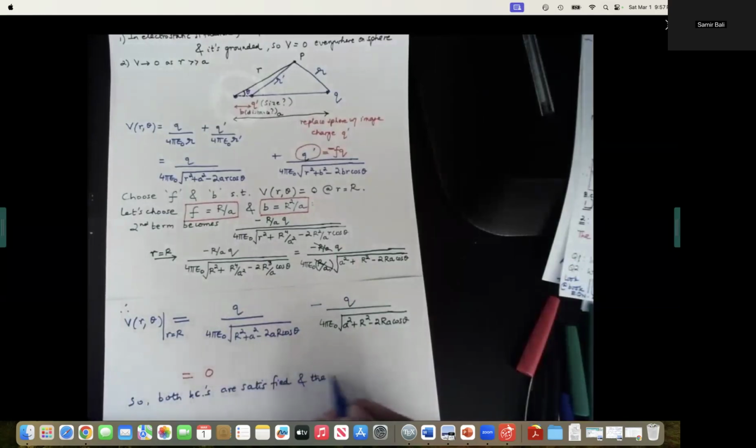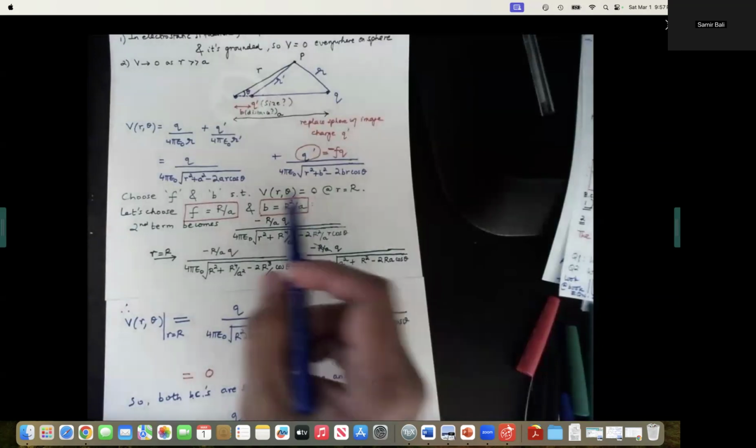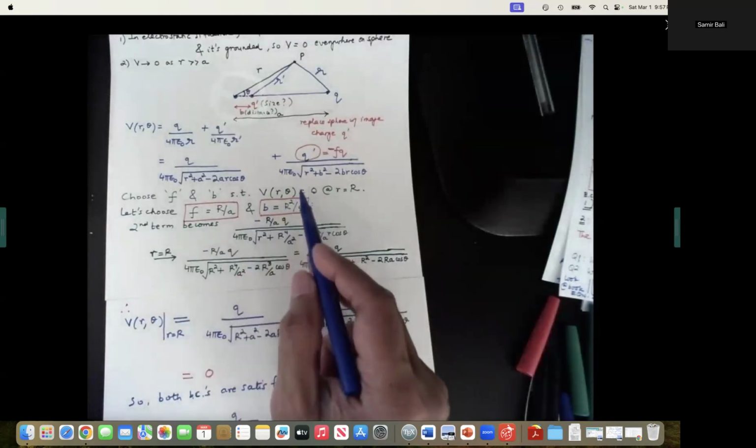and the answer is that the potential at r and theta is, here's your first term, and your second term is minus R over a times q, and I wrote it out here somewhere.